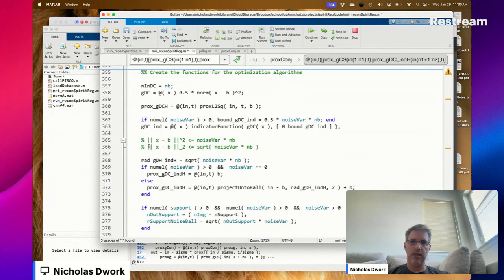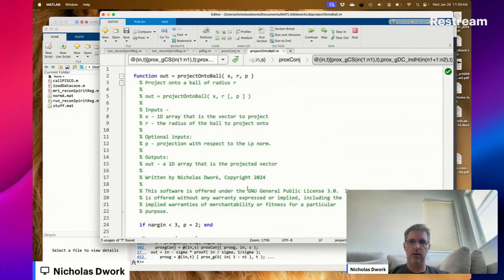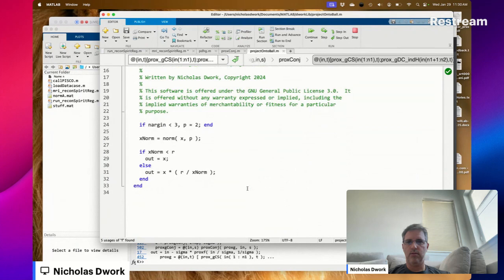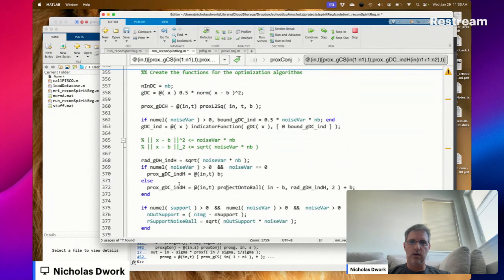So we need to project onto the ball centered at B of this. I keep doing that over and over again. So you can't stop there.